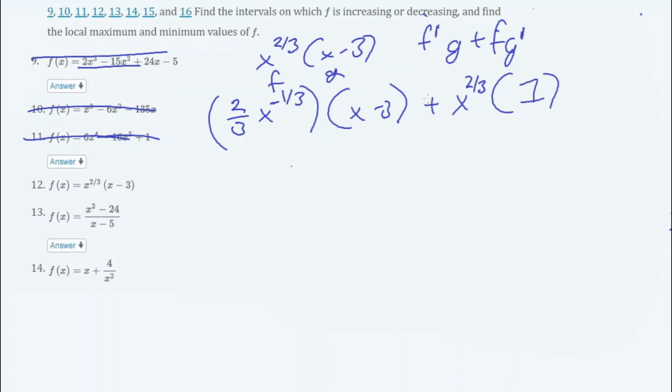And now let's simplify. Let's rewrite 2/3 and x to the negative 1/3 power as 2 over 3 times the cube root of x. So now let's simplify.